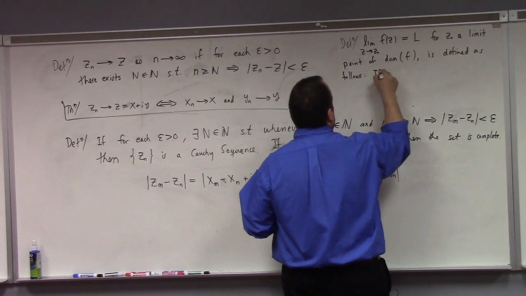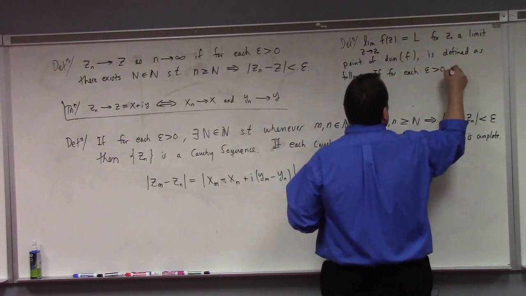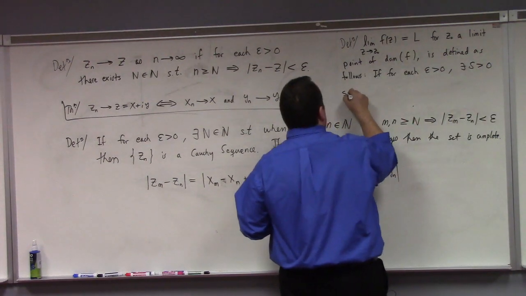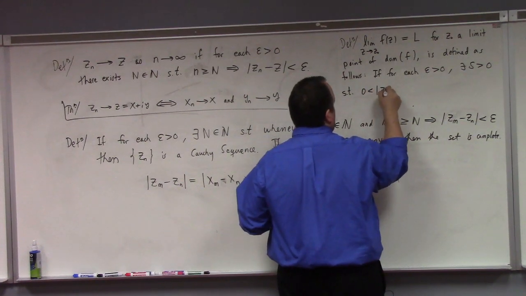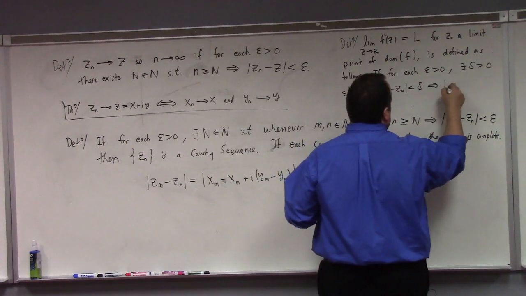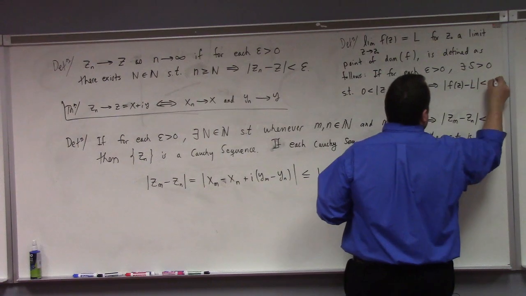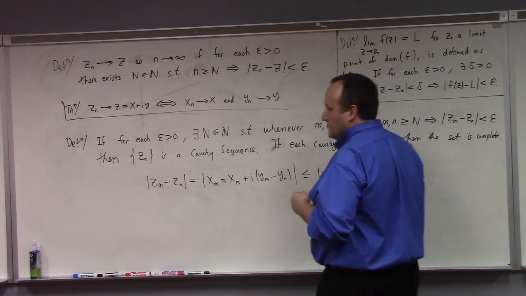If for each epsilon greater than 0, there exists a delta greater than 0 such that 0 less than modulus of z minus z naught less than delta implies the modulus of f of z minus L is less than epsilon. In that context, we get to write that limit equals what it is.